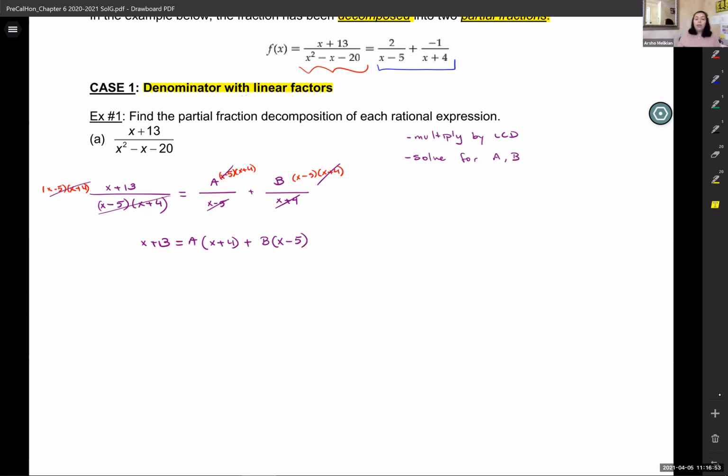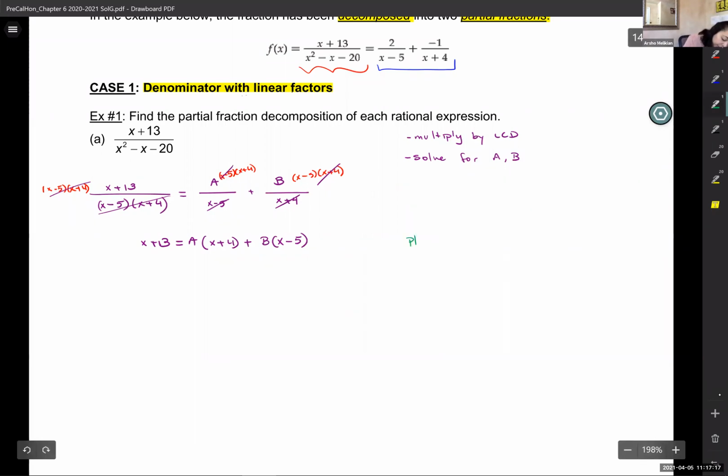Okay. Now I need to solve for A and B. Okay. There are many, many ways to do it. The way I like to do it is this. I like to plug in values for x that will make one of the parentheses equal to 0. Okay, so let's do that.